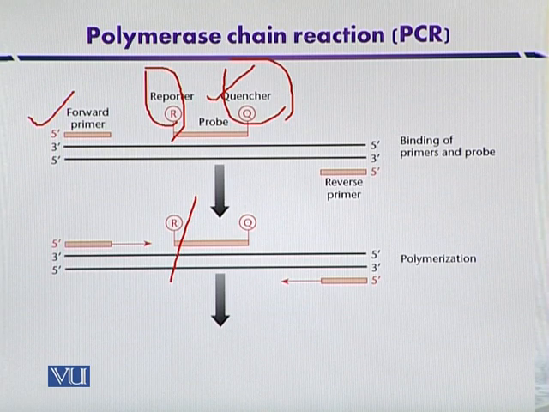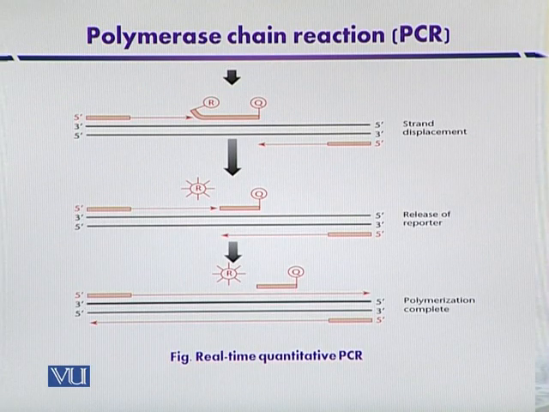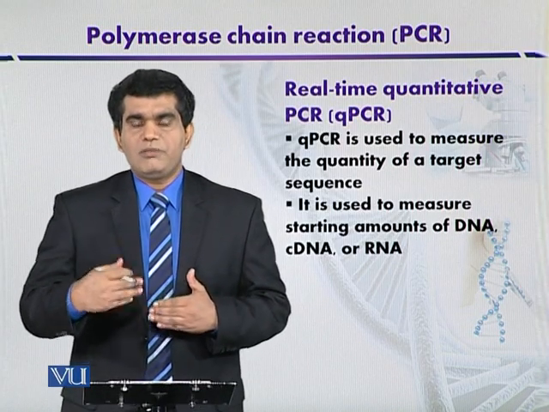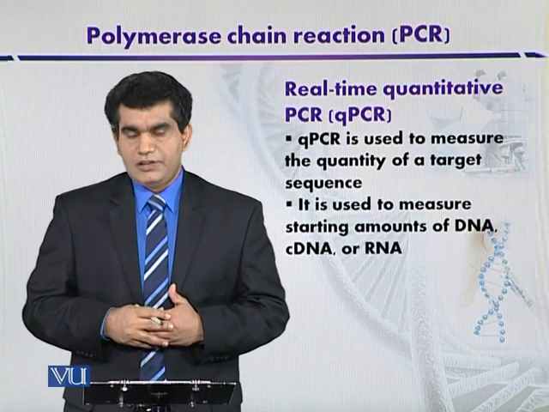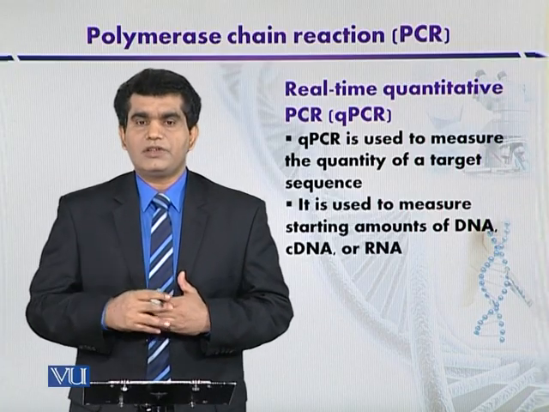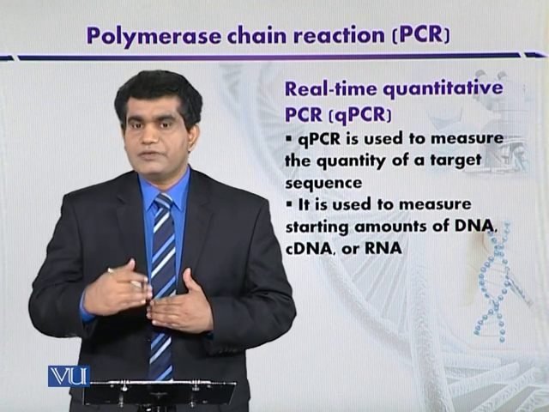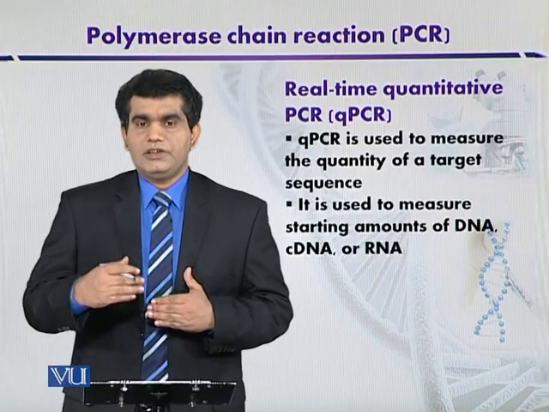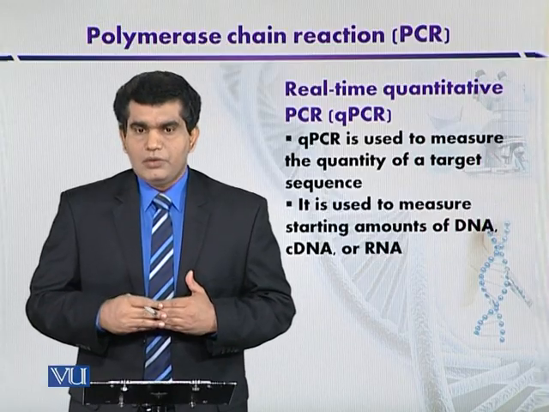This reporter dye is removed by the nuclease activity of the enzyme, and in the next step it is removed. Now it is free from the quencher, it will record the fluorescence, and complete polymerization is there. So after each subsequent amplification, one can say that the amount or the concentration of DNA will increase. It is the most satisfactory technique to quantify the DNA molecule.